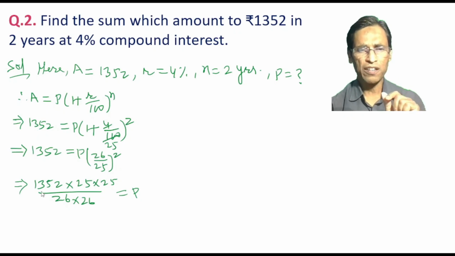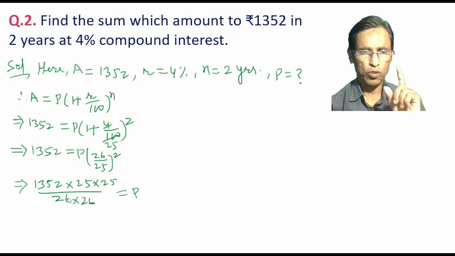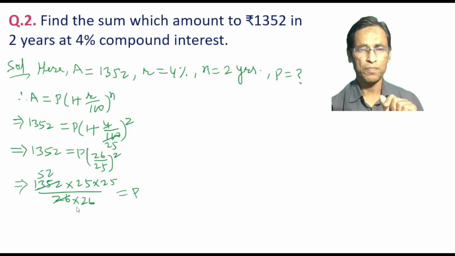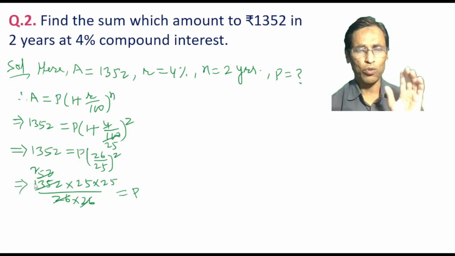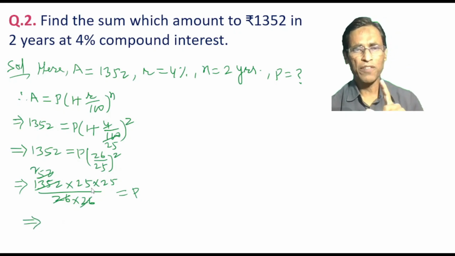In simplification, 1352 is divisible by 26. So we divide 1352 by 26 in 52 times. And 26 once again divides 52 in 2 times, and so it is 2. Now we simplify it for P.